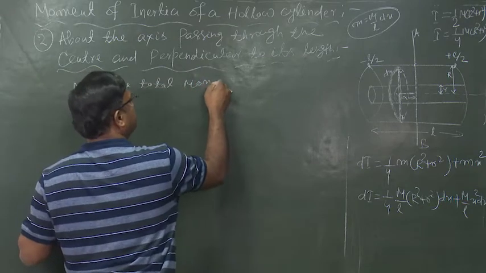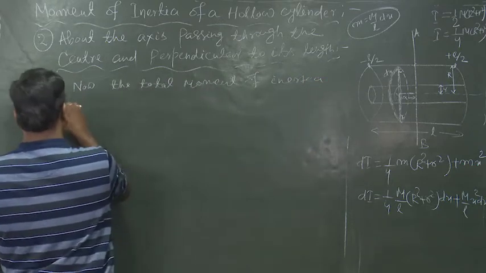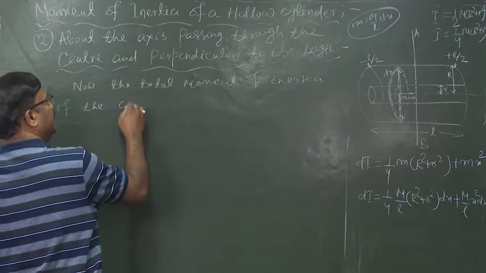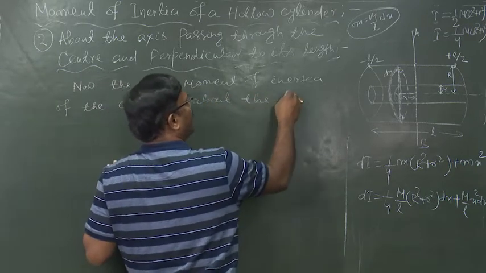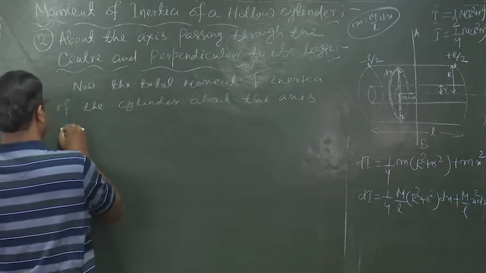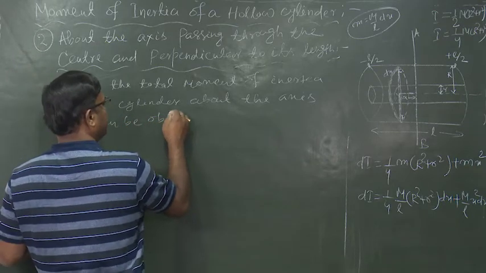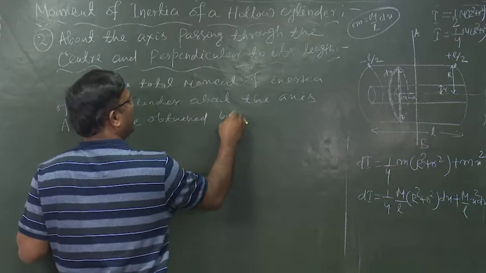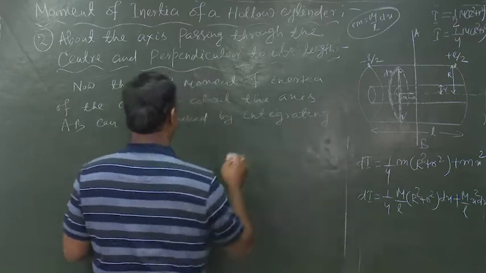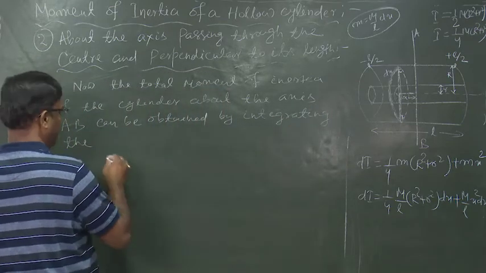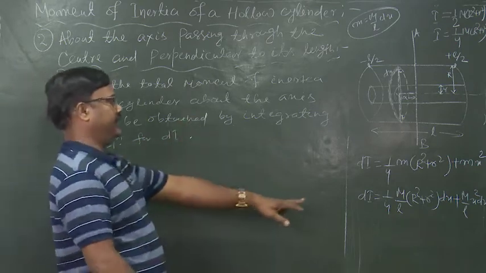Now, the total moment of inertia of the cylinder about the axis AB can be obtained by integrating the equation for dI here.